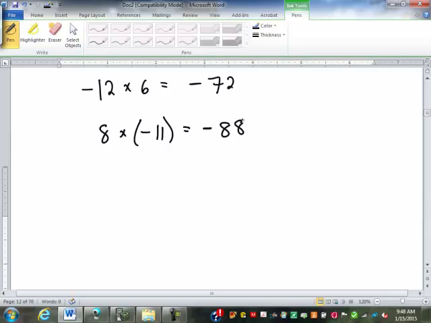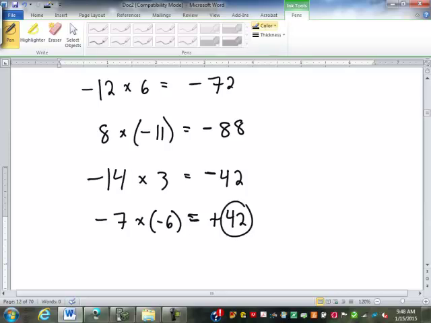Good. 8 times 11 is 88. Negative 14 times 3. Is it 50? What was it, 2? 42. Positive or negative? It's a negative. Good. Negative 7 times negative 6. It's a positive 42. I think you've got that down.